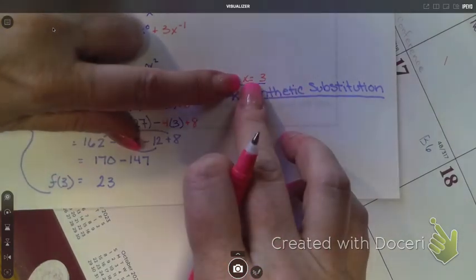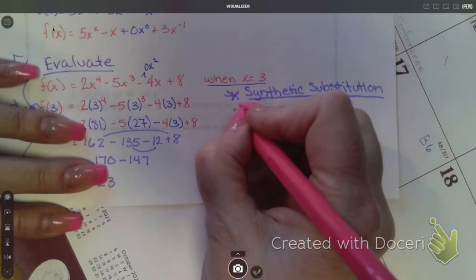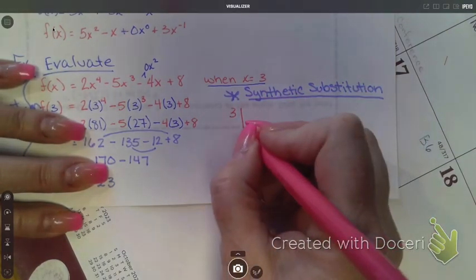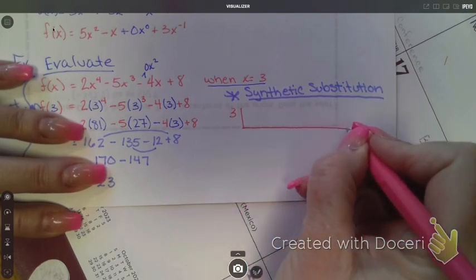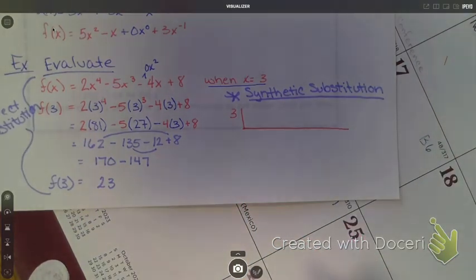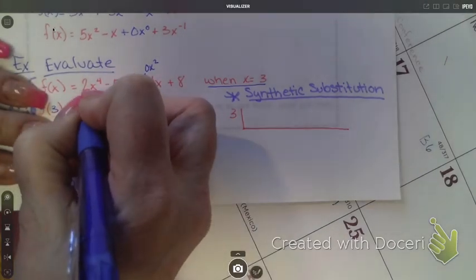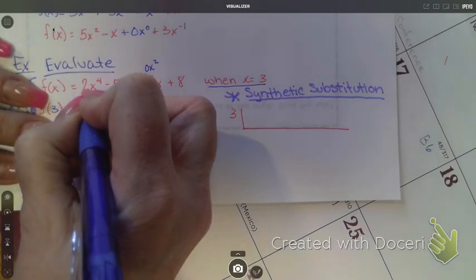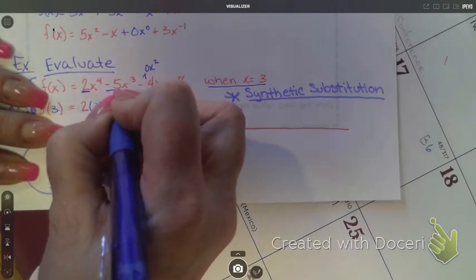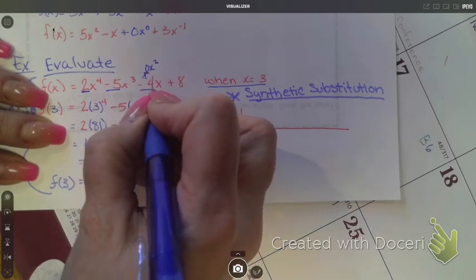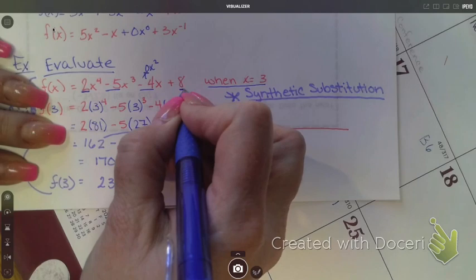So what happens is you take whatever x equals, 3, and you put it here, and you put like this upside down division bar. And you take the coefficients. Remember, coefficients are the numbers in front. So it's going to be 2, -5, 0, -4, and 8. You see that?